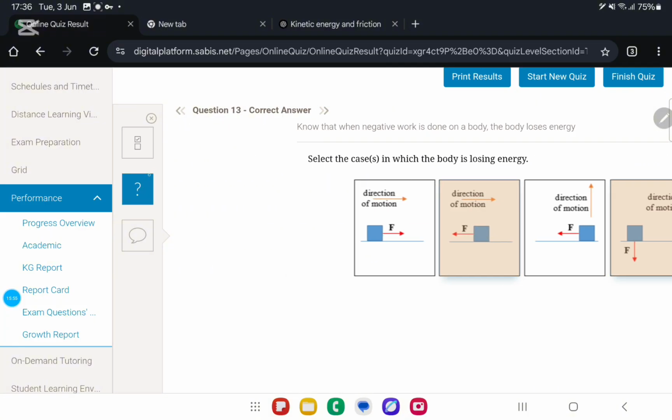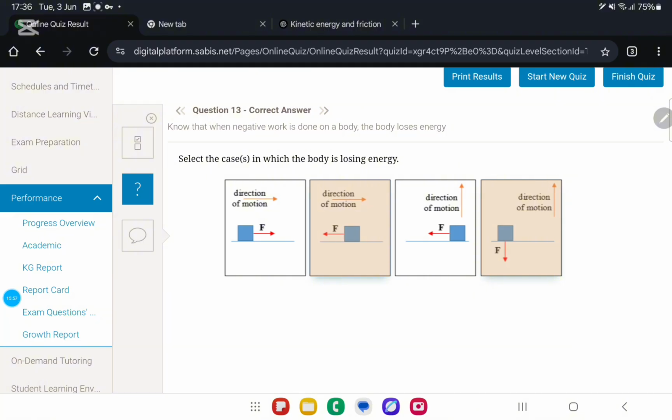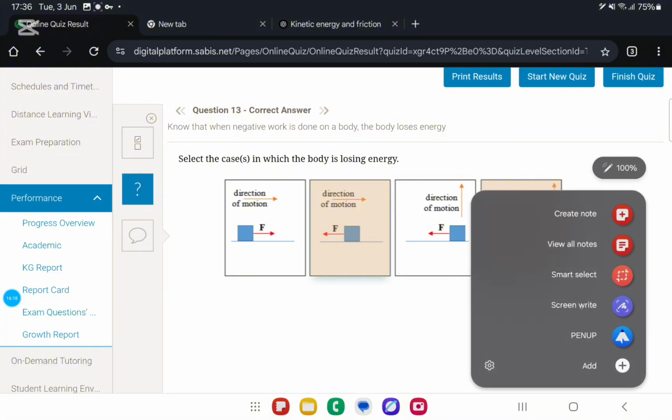Now, when you see losing energy, it means resistive, since you waste all your energy trying to get through the force that's pushing you back. So when you do that, you lose energy. What's harder for you? Imagine this.